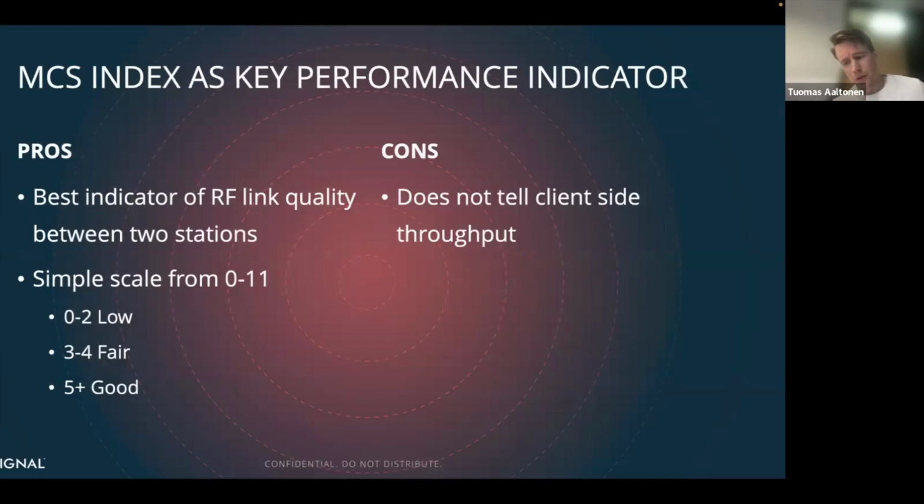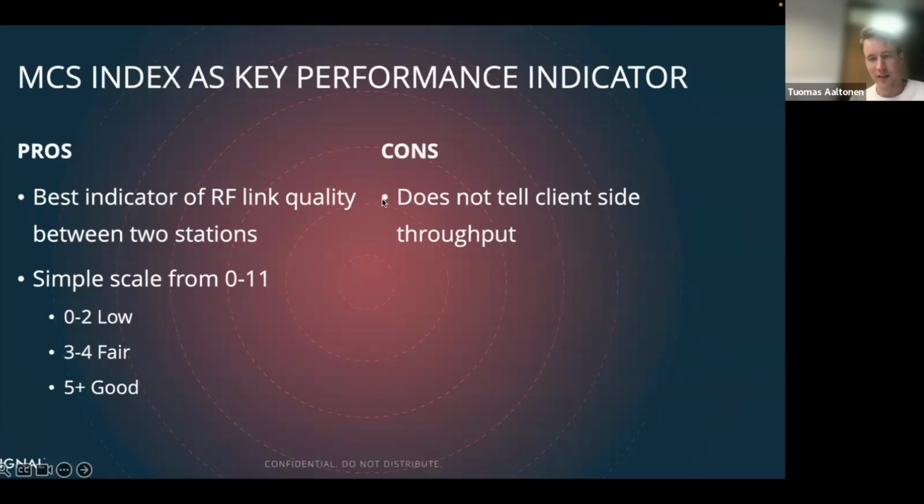But it also doesn't tell us the client side throughput. The same problem applies to the data rate: it doesn't tell us the actual client side throughput. If we think about data rate itself, it won't tell us any of these either.